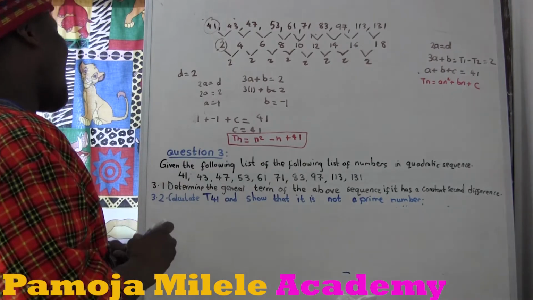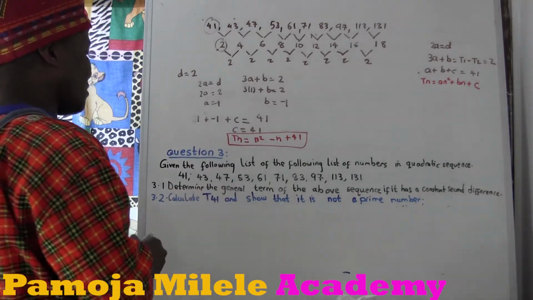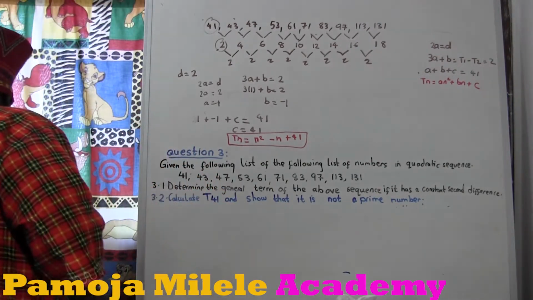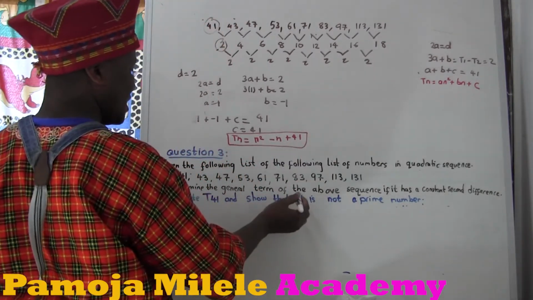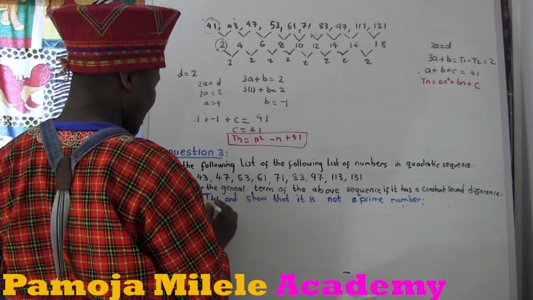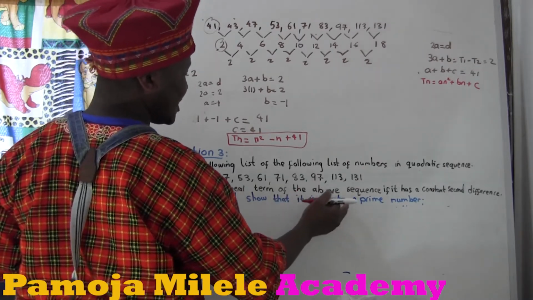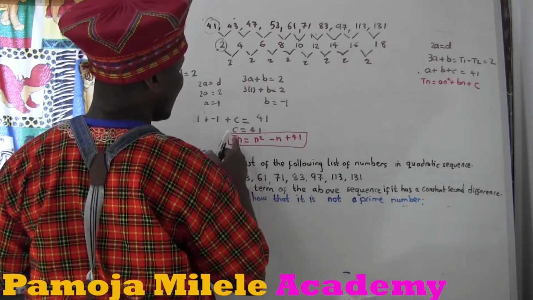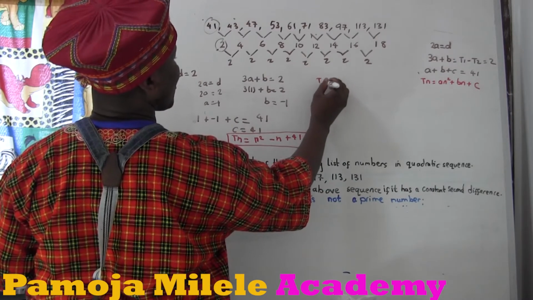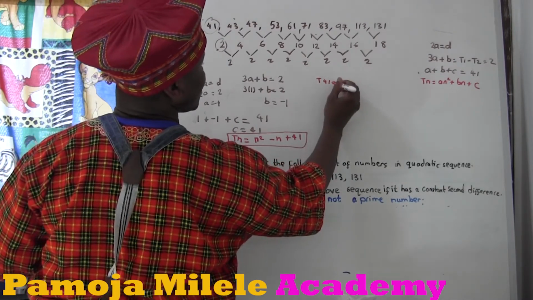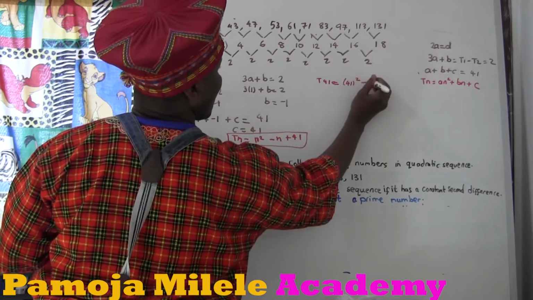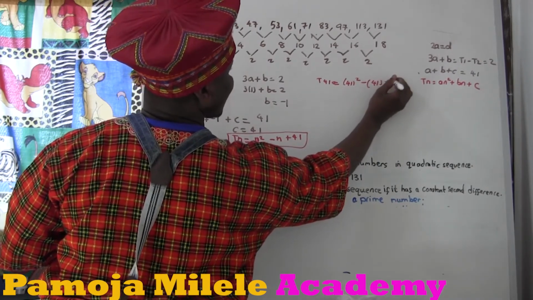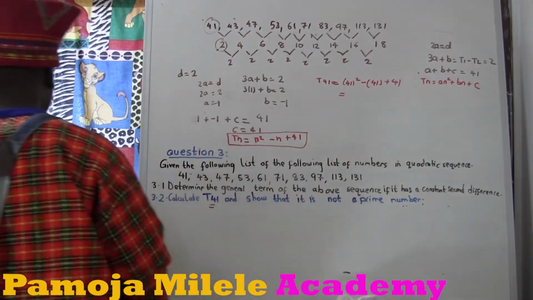Now calculate T41. T41, easy, man. Calculate T41 first, and then show that it is not a prime number. So T41 means I'm going to put 41 here. T41 equal to 41 squared minus 41 plus 41, and then plug that in the calculator.